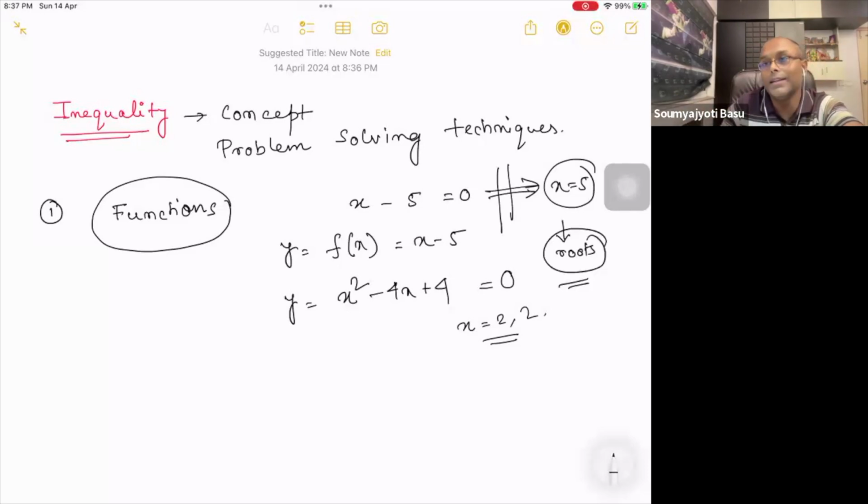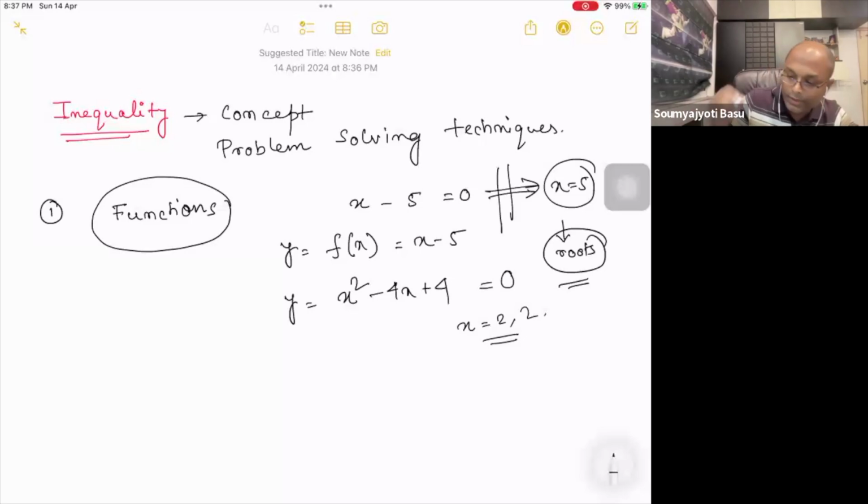Even in inequalities, this term root has a very important significance. You would be continuing to find roots even in inequalities. I'll come back to that a little later. But when we say inequality, what we essentially do is find the points on x where the function is not equal to something.